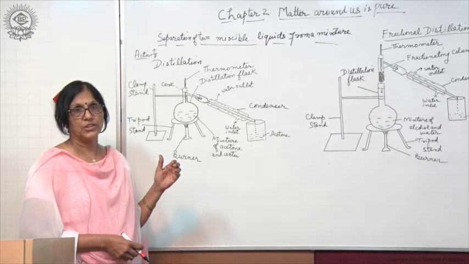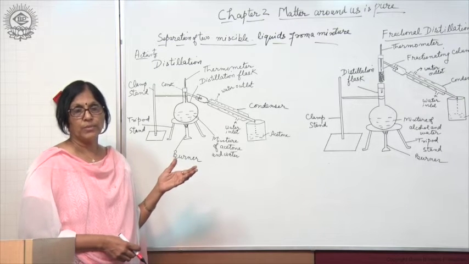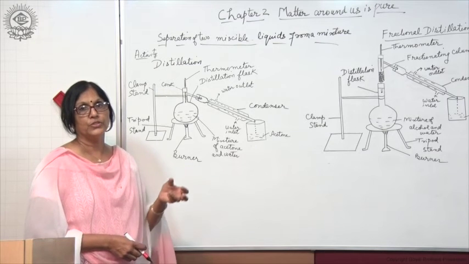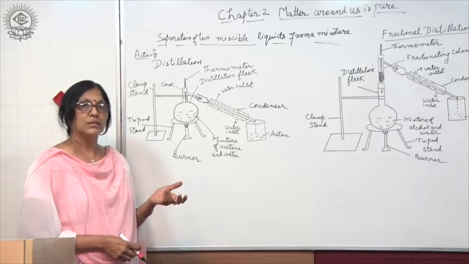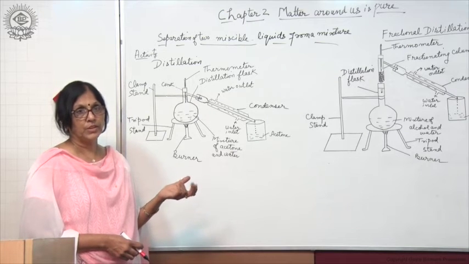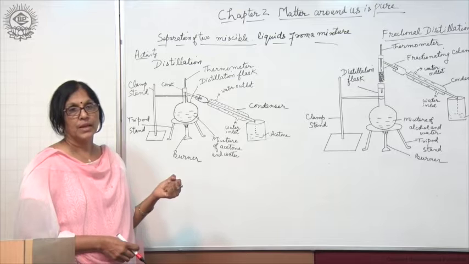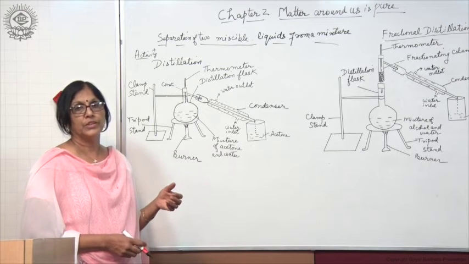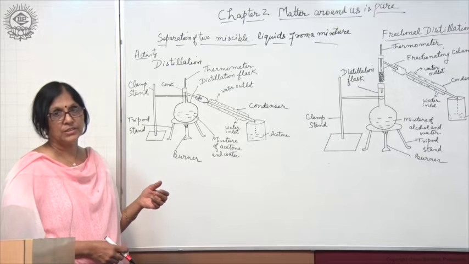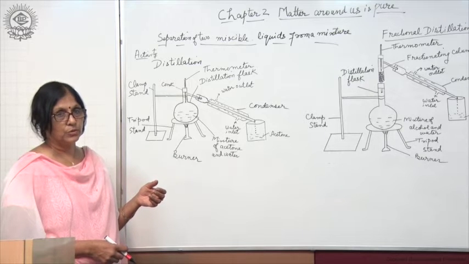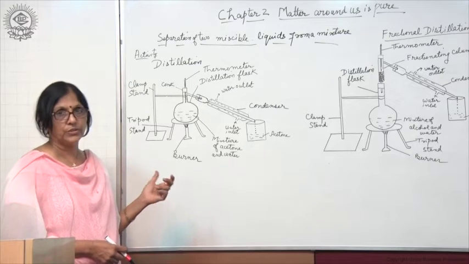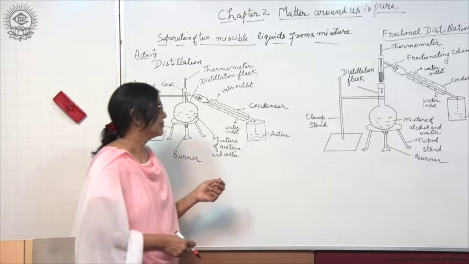Now, fractional distillation is a very useful method to separate the various components from petroleum, because petroleum is a very useful product which is a mixture of various fractions that can be separated by fractional distillation. So, let us study now how fractional distillation is done and how it is different from distillation.